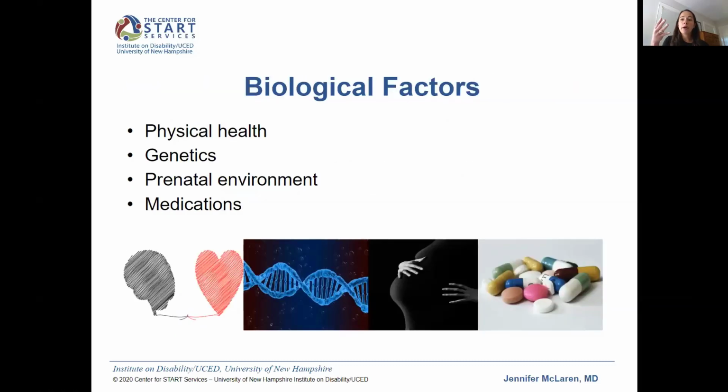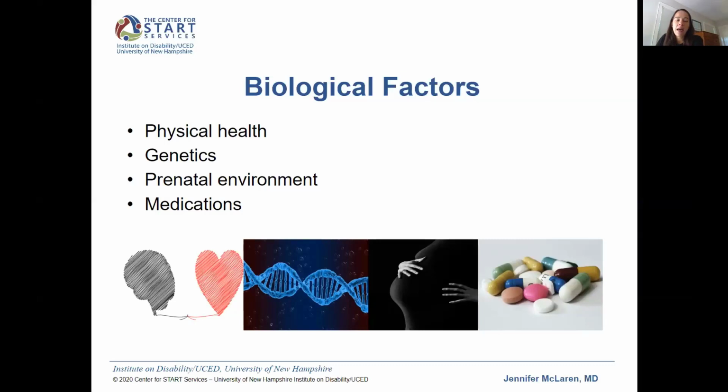There are 4 main categories to think about when you're thinking about biological issues. As a medical professional, when I was in medical school, I really liked mnemonics to help me remember all the different things I had to memorize. So my mnemonic for this is PGPM. I have 3 little kids, and we only watch PG films in the evening, in the PM.